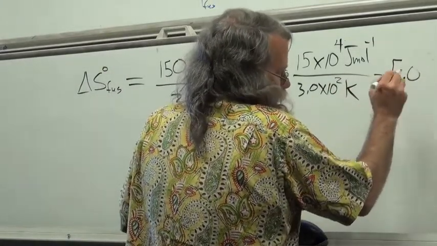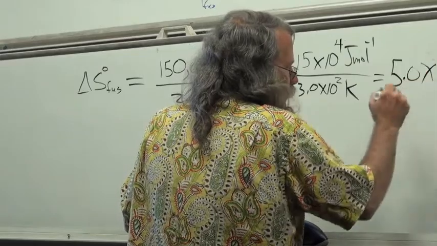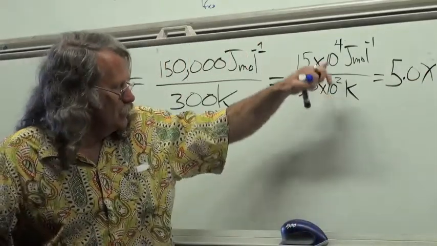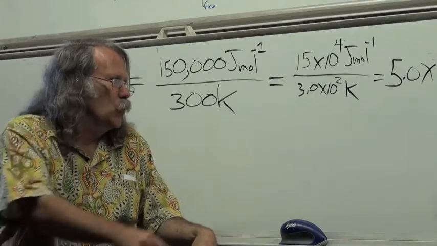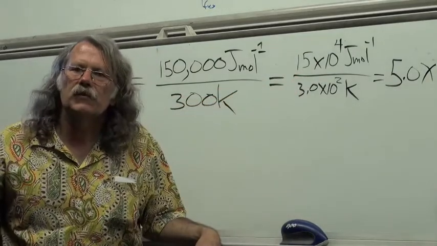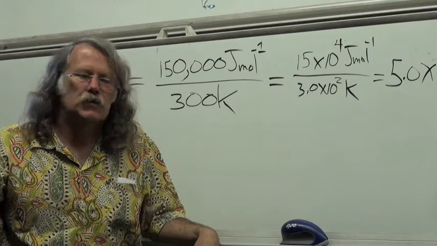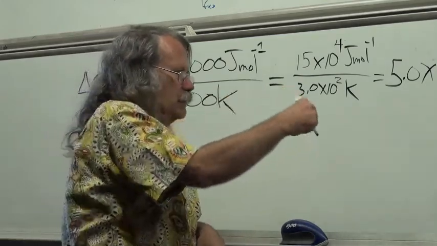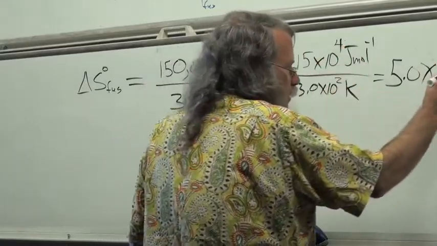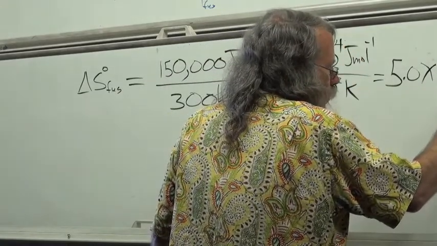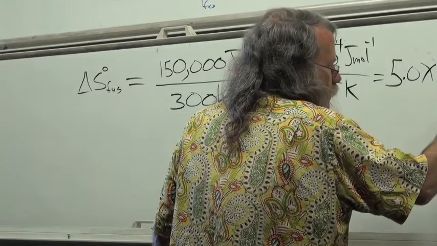I'll put it as 5.0, times, and now I've got to deal with the rules with exponents. What do I do when I divide 10 to the 4th by 10 to the 2? You subtract the exponents, so that's times 10 to the 2. And now the units are going to be joules per mole per K.